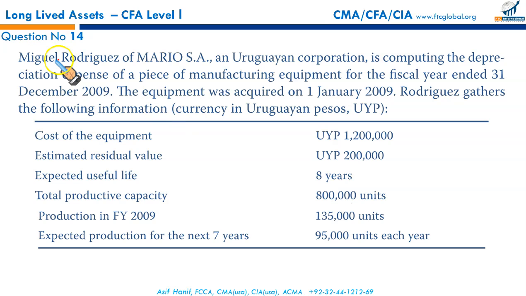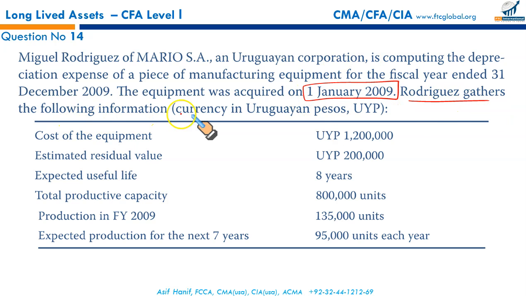Now, Miguel Rodriguez of Mario Uruguayan Corporation is computing the depreciation expense of a piece of machinery for the fiscal year ended 31st December 2009. The equipment was acquired on 1st of January 2009.